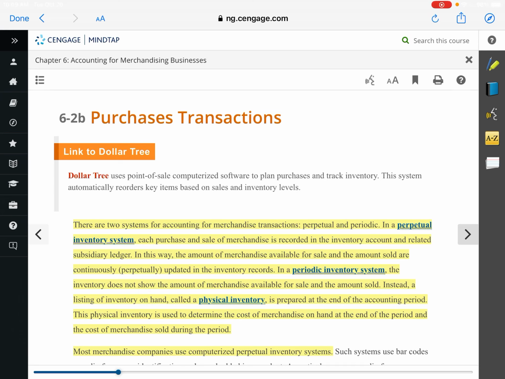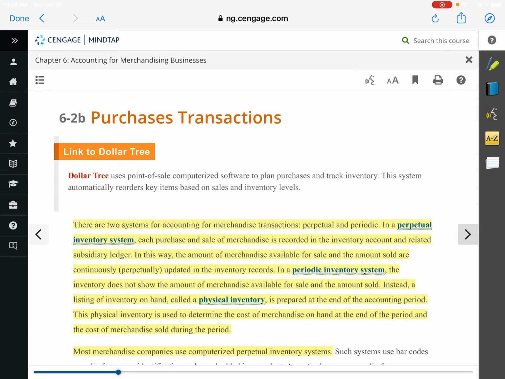So the positives to a periodic inventory system is that it doesn't cost as much. So you're not constantly updating your records. You don't have to use the computer software. If something breaks down, you don't have to call in a technician. So the cost is a little less, but the downside to the periodic system is that you don't always know how much inventory you have on hand.